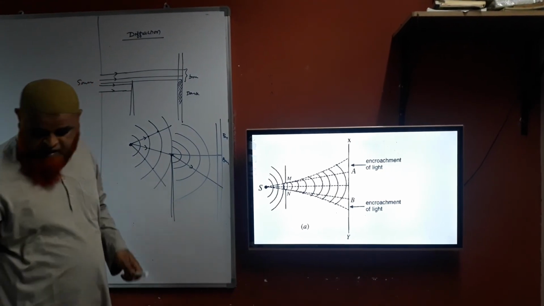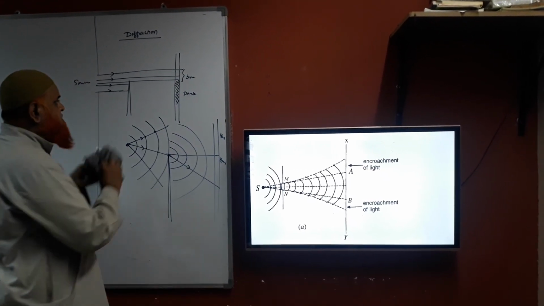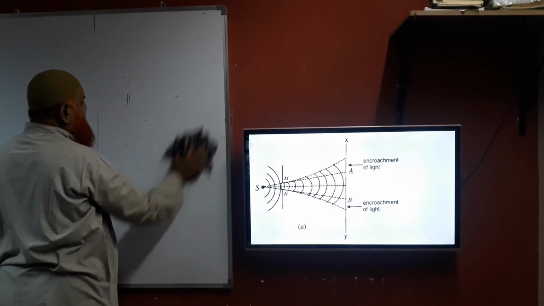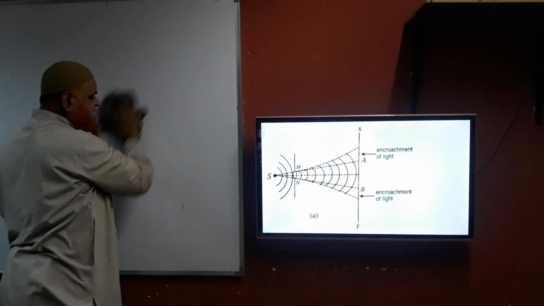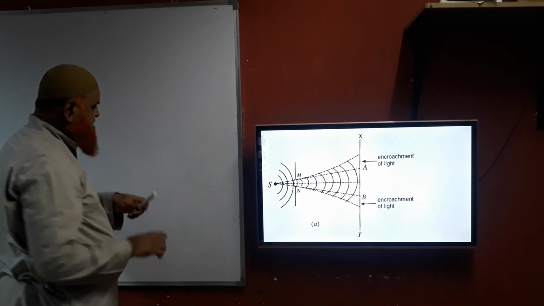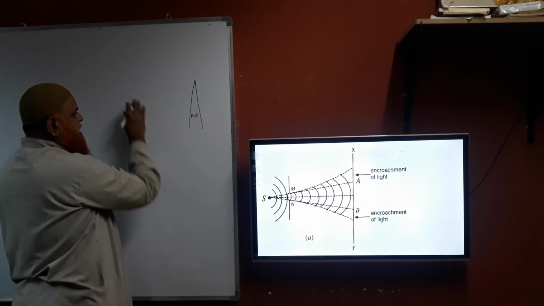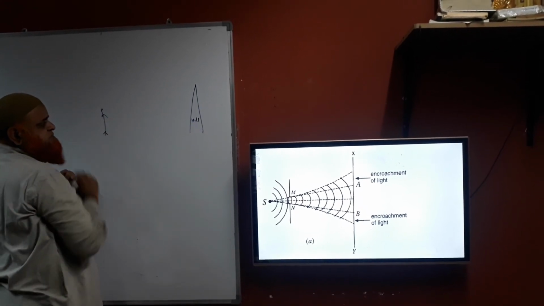Let me discuss one concept here. In diffraction, you see that sunrise and sunset are red in color, isn't it? For example, this is a hill, and you are standing at this place.